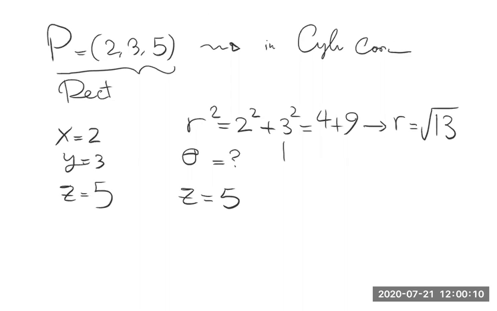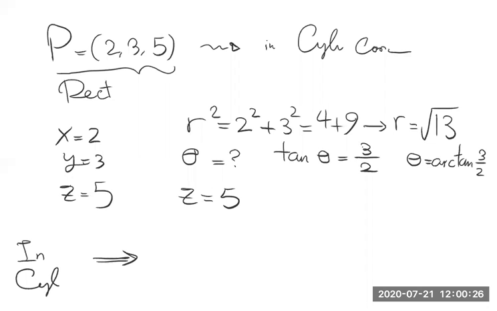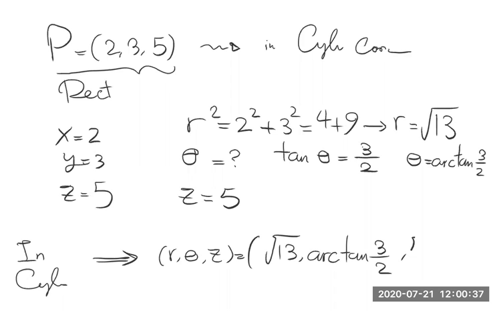Theta is the angle whose tangent is y over x, 3 over 2, so theta is the arc tangent of that. So in cylindrical coordinates, r, theta, and z is equal to square root of 13, arc tangent of 3 over 2, and z is 5. Okay?